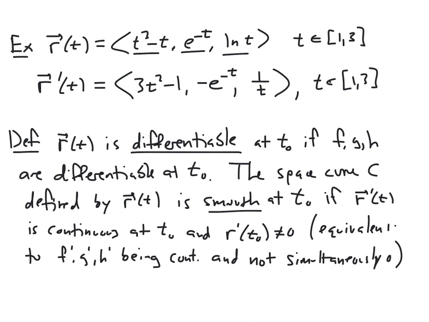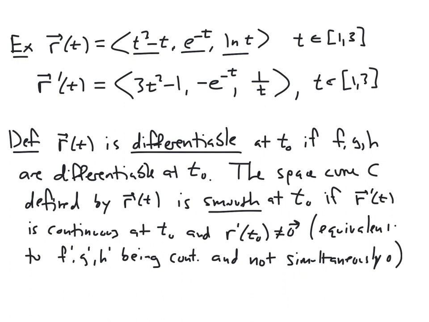Right? And this will verify the last part, that r prime of t naught is not equal to 0. The only time that derivative would equal 0 is if f prime, g prime, and h prime are all 0 at t naught. So if at least one of them is not 0, then the derivative vector will not be the 0 vector. Right? Actually, now that I say that, I should be careful. When I define r prime of t naught not equal to 0, I really mean not the 0 vector, not the 0 scalar.